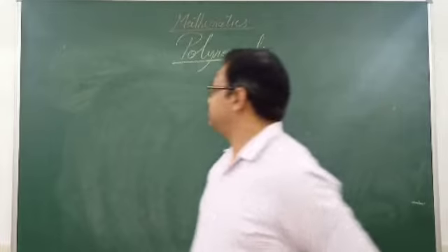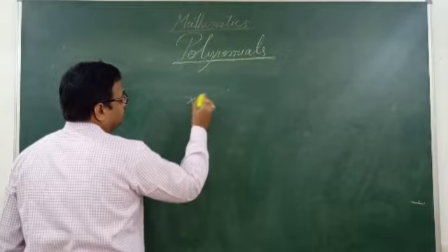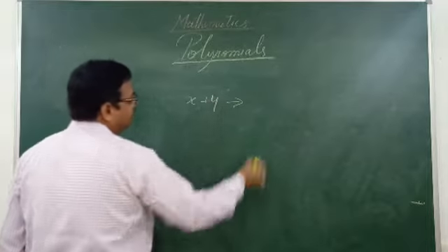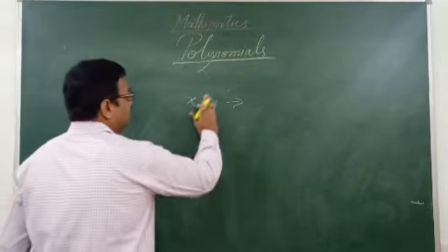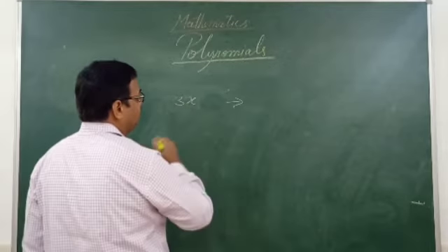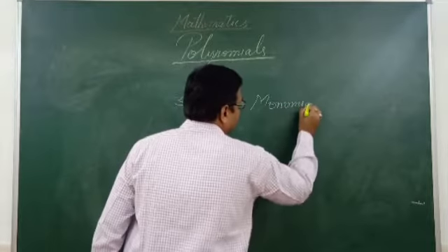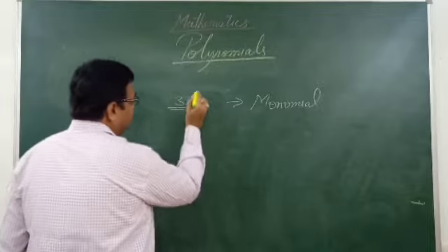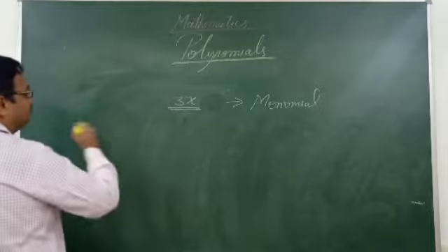Now I would like to tell you about the different names of polynomials. A polynomial which has only one term is known as a monomial. Understood? Where only one term is given, such a polynomial is known as a monomial.